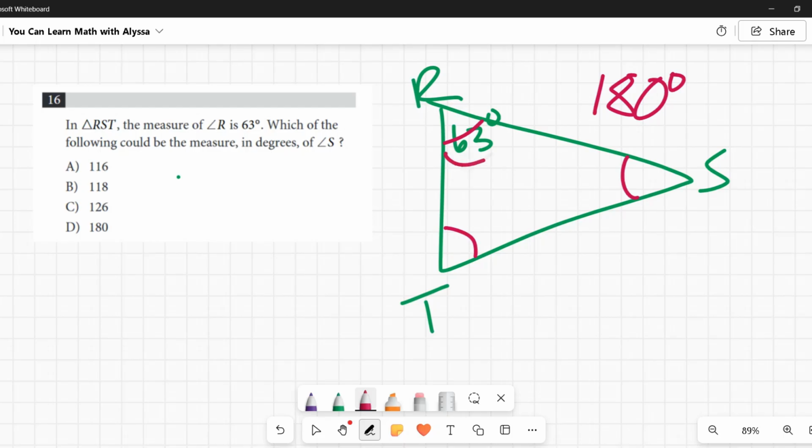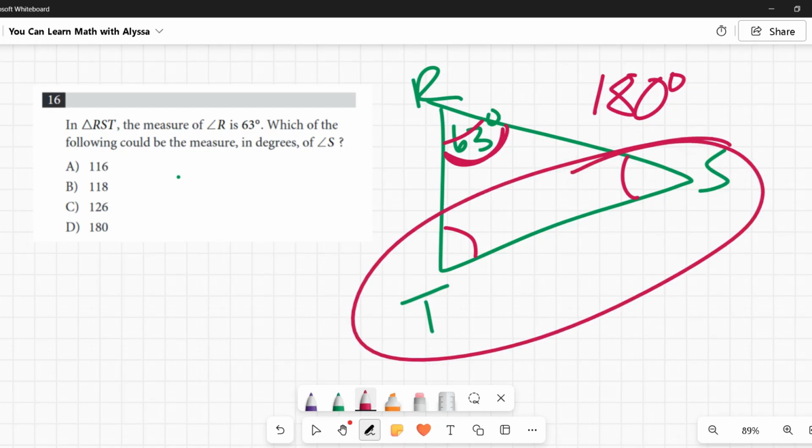So I know if this angle R is 63 degrees, then these two together, what will they add up to? Let's see, 180 degrees, and I subtract 63 degrees. That is going to leave me with 117 degrees.